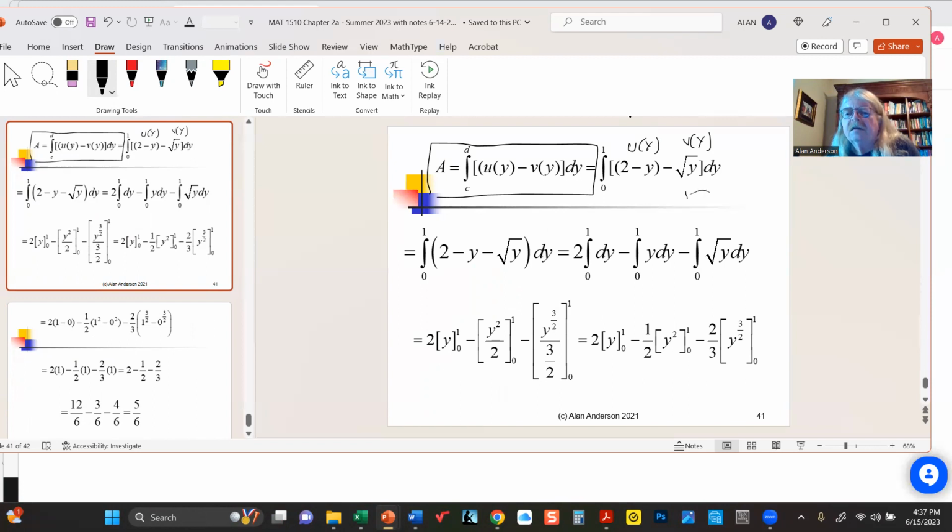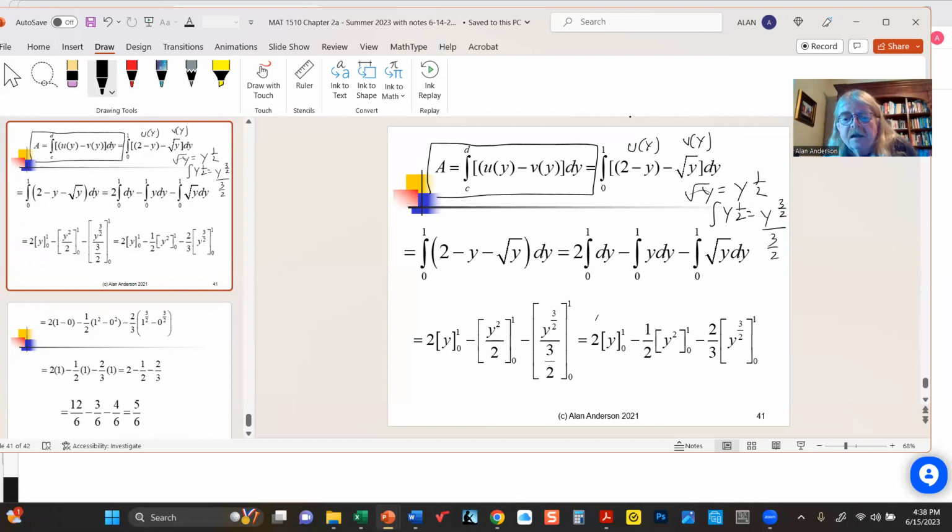Bear in mind that radical y is y to the 1/2. So this first one, you'll have 2y evaluated from 0 to 1. This one will be negative y squared over 2 evaluated from 0 to 1. And finally, this one will be y to the 3/2 over 3/2, from 0 to 1.